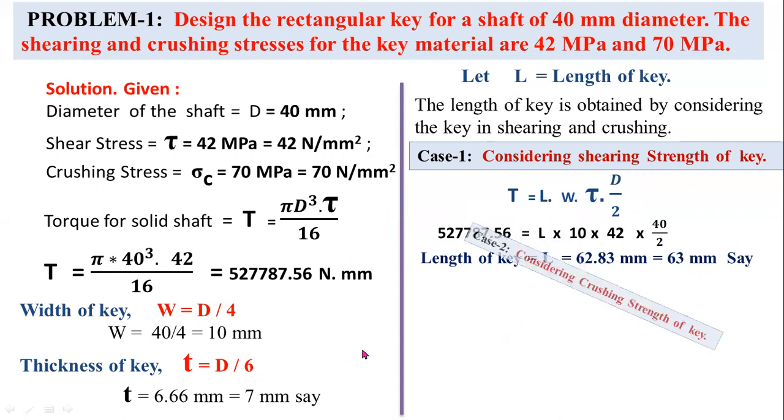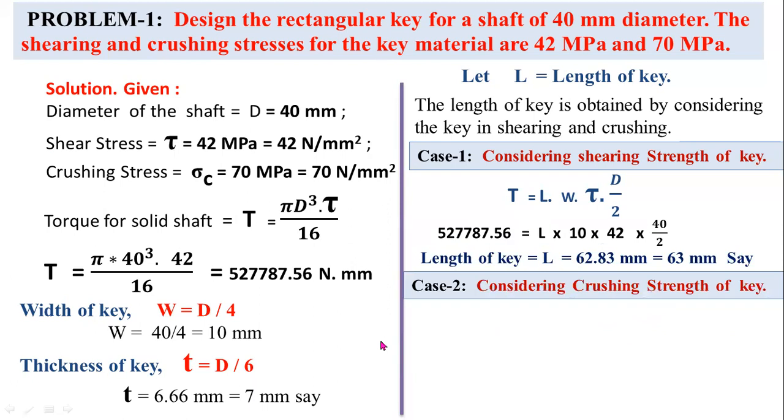Also you have to determine the length of the key considering the compressive stresses. On the basis of compressive strength, you have to determine the value of length of the key. This is the formula for torque transmitted by the key on the basis of compressive stresses. In this equation, you have to substitute the value of torque, length of the key, thickness of the key, compressive stress, and the diameter of the shaft.